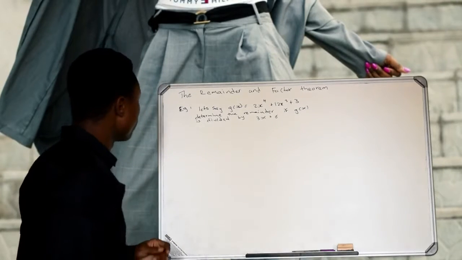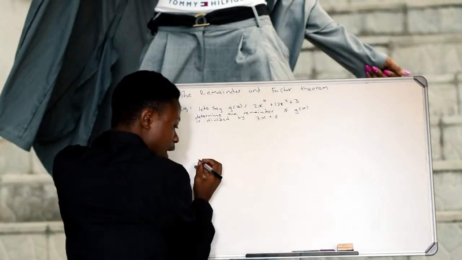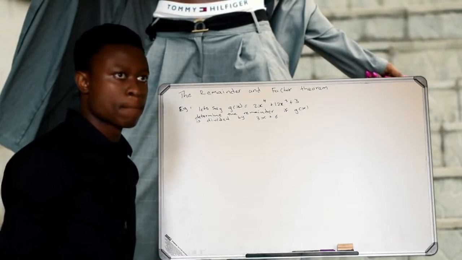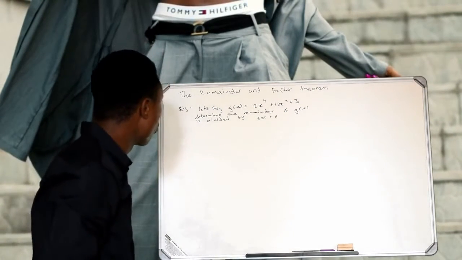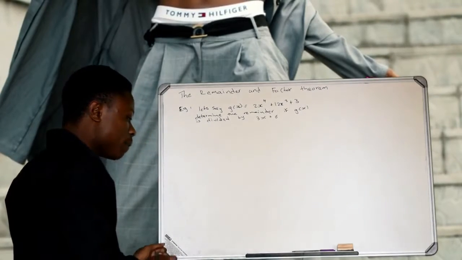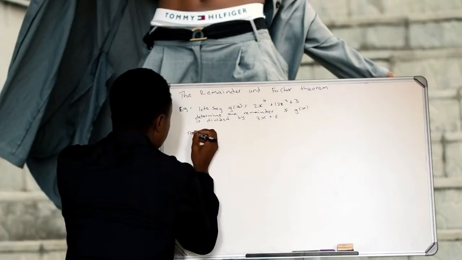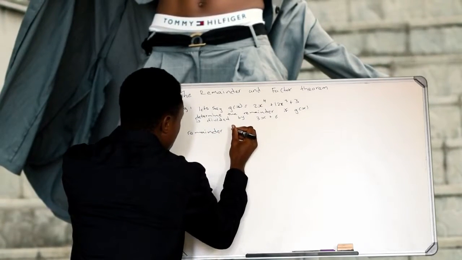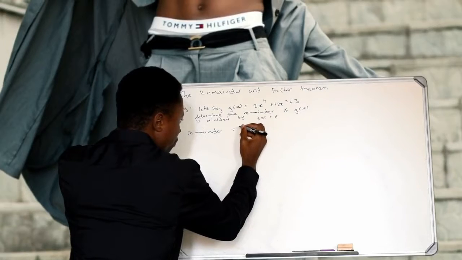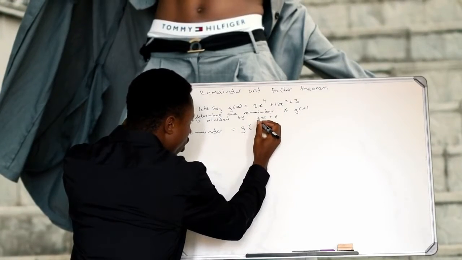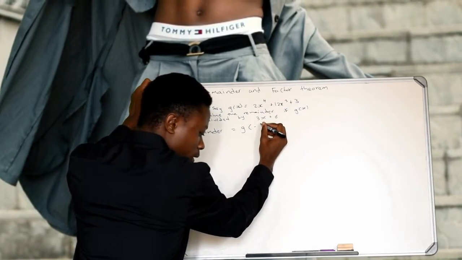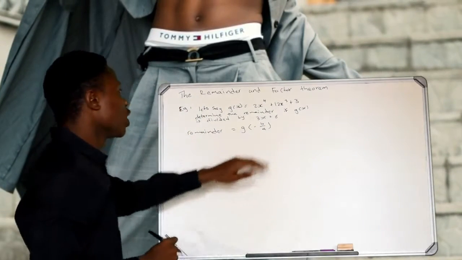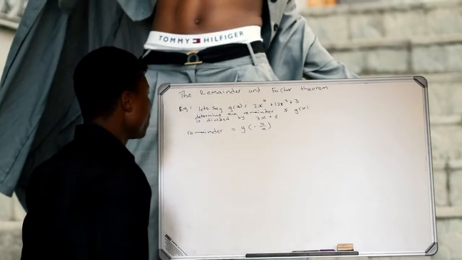So what does this mean? What was I saying earlier? What's the formula for remainder? The remainder is equal to g of negative b over a. You're asking what b and a are.